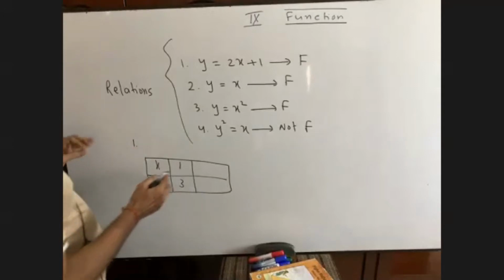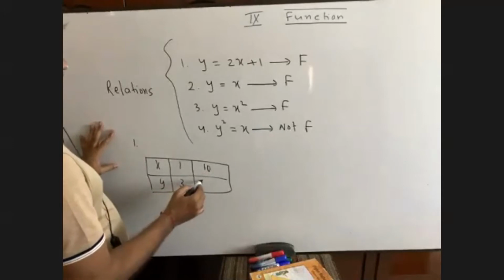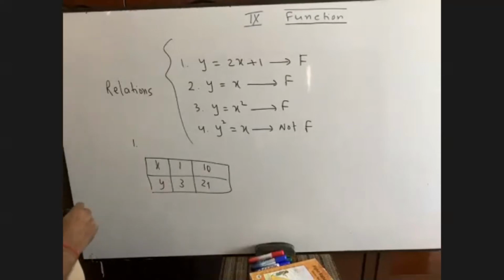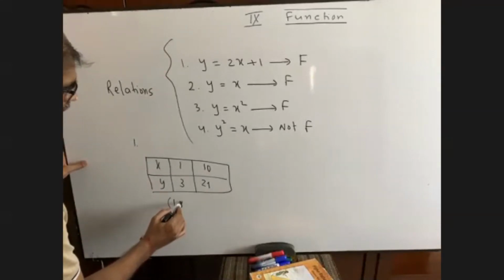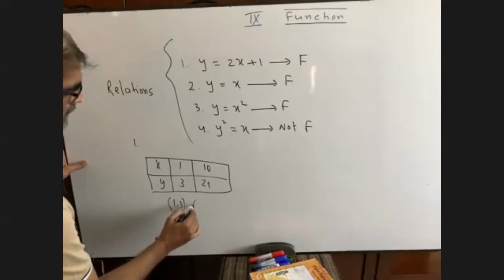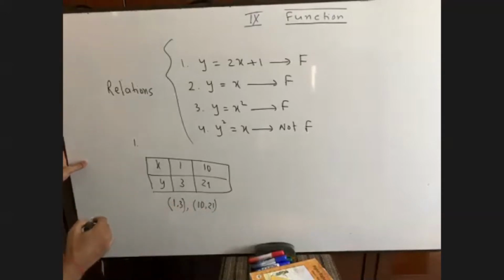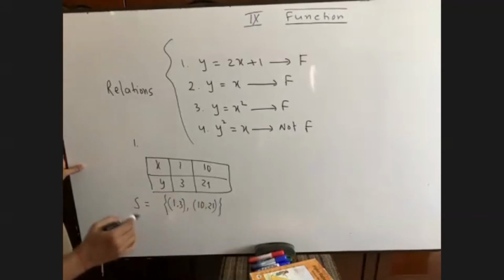If I take x equals 10, then y equals what? 21. So we are getting 1, 3 and 10, 21. It is a set.